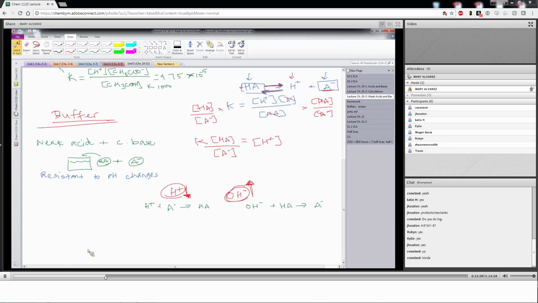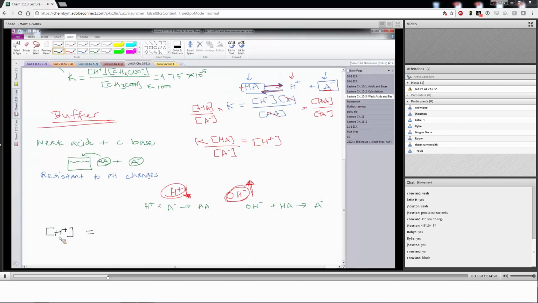But in any case, help me along here. This is kind of fun. We're going to use this K equation here with this acid, because the K equation just came from the dissociation of that acid. We rearranged it for the hydrogen ion. So we have this equation. I'm just going to rewrite the exact same equation down here.